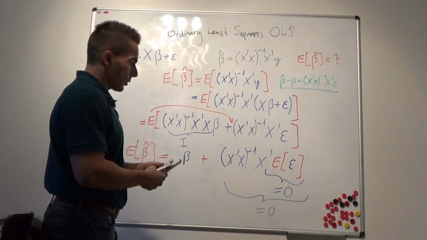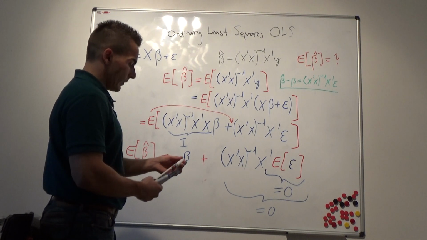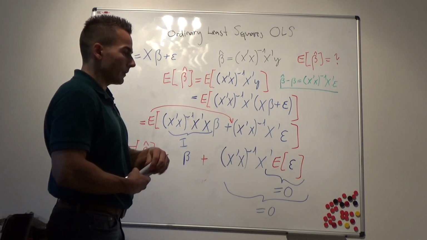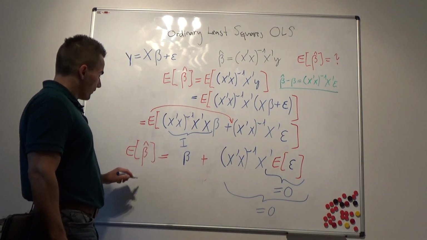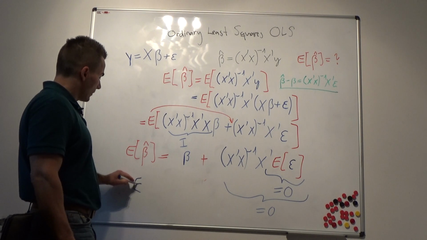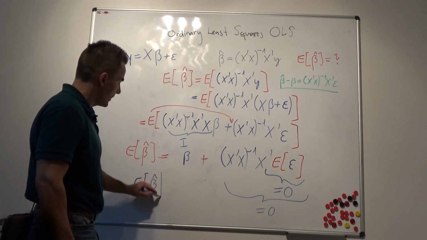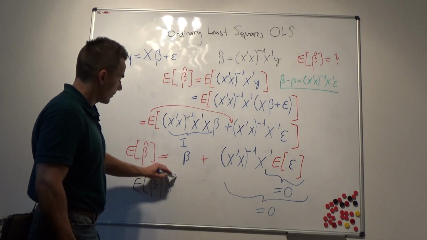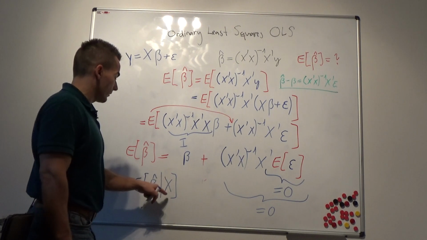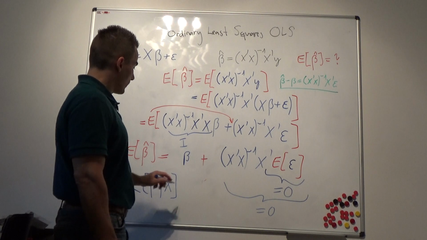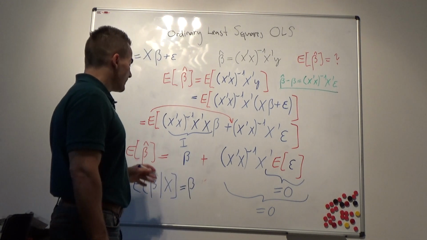So what one can show is that the only thing we have to do is take the conditional expectation. You might remember that. If we take the expectation of beta hat given our regressor matrix, and we now assume the regressor matrix is also random, what we can show is that it's also beta. So it doesn't change.